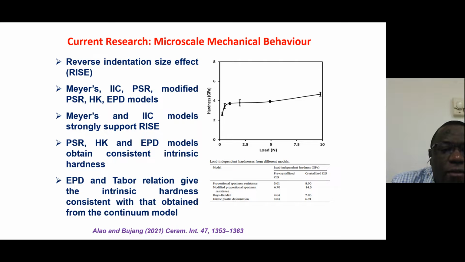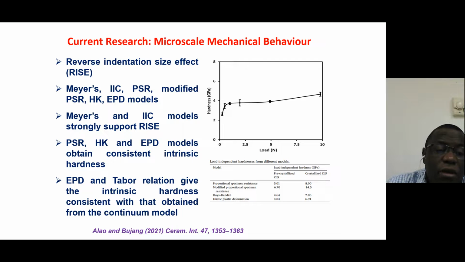Other models that can be used are indentation induced cracking, proportional specimen resistance model, modified proportional specimen resistance model, then the Ashby and Kendall model, and elastic plastic models. All these will show different characteristics. From these, you can see that the Meyer's and indentation-induced cracking models strongly support the reverse indentation size effect phenomenon for this material.